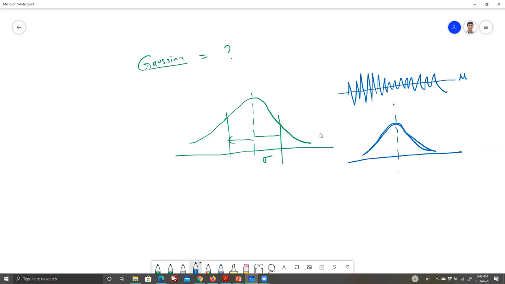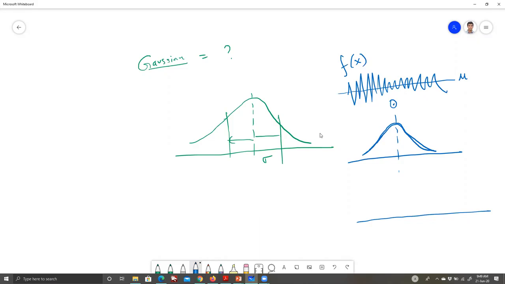If you were to apply a Gaussian convolution with this function, what will happen? It will perform a smoothing effect. Most of the values around mu will be retained.